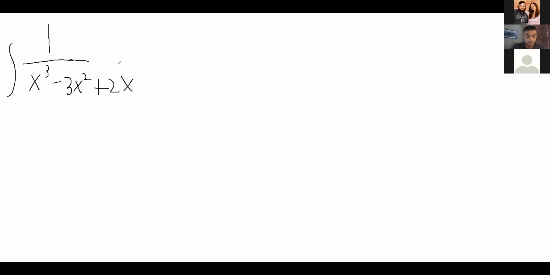So for this one, it's definitely the fractions type problem. So what we can do is factor this. It'll be something like x minus 2 from x, and x, I believe that'll also be minus 2 or minus 1.